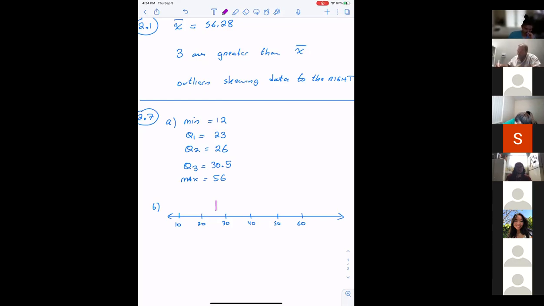A line on Q1, which is 23, about there, give or take. What else we got? $30.5, which is about there. Okay.